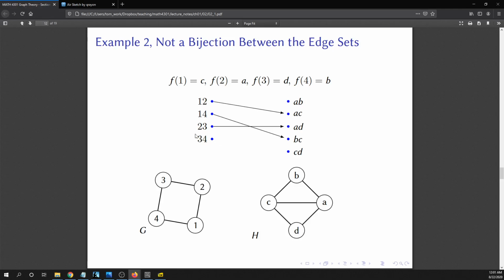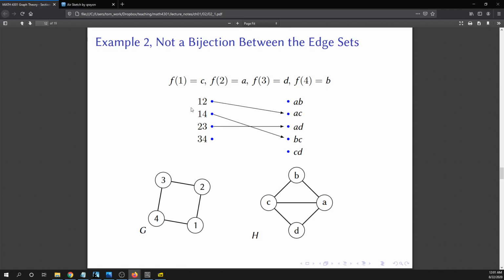Okay, so what I've got here is some vertices that are adjacent over here. 3 and 4 are adjacent in G, but where they get sent to, 3 gets sent to D, and 4 gets sent to B. But these two are not adjacent. There is no edge from B to D. So this is not even a function.